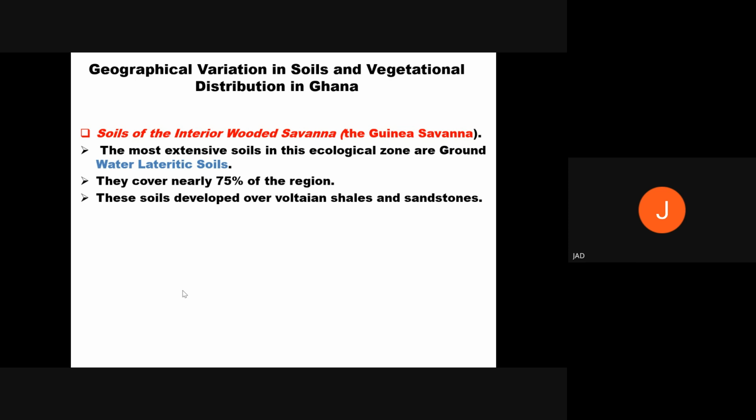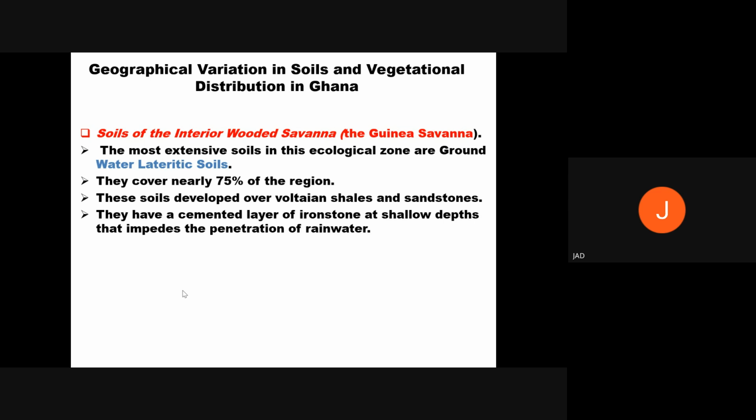Voltaian shales and sandstones. They have a cemented layer of ironstone at shallow depth that impedes what? Penetration of water. So whenever you see ironstones, iron pan concretions, then there may be issues of water penetration.